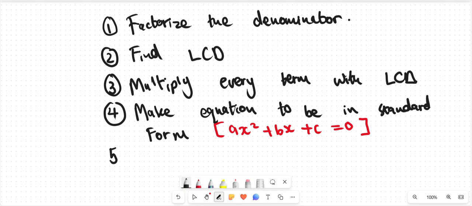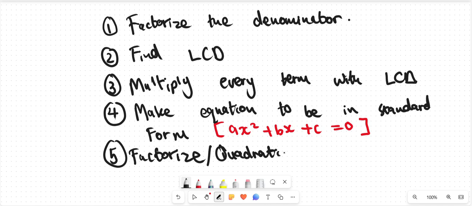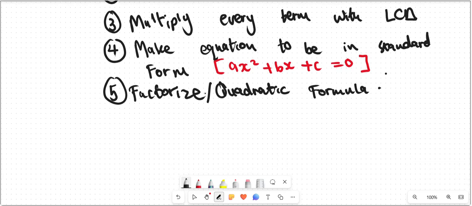That's what standard form looks like. And then number 5, you might need to factorize if you can. Or if you can't, you might need to use your quadratic formula. Right? And then as your last step, step number 6, you need to solve and get the final answer.